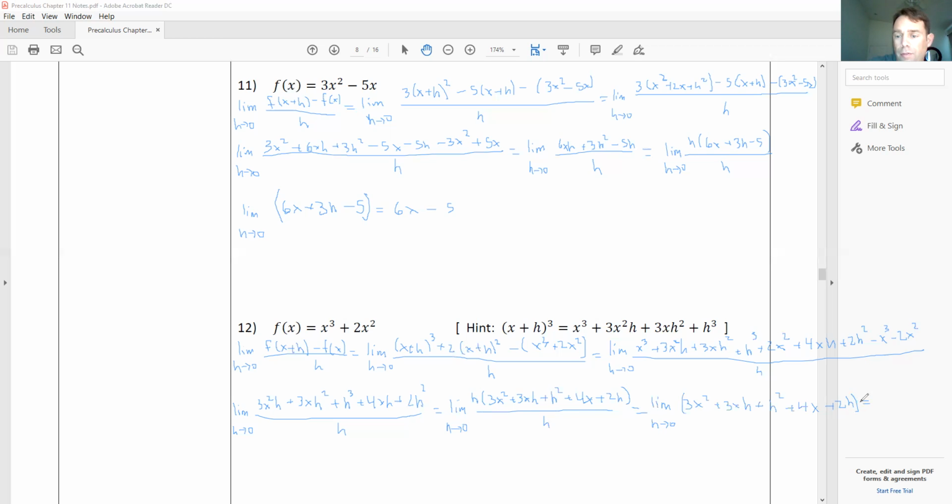We end up with 3x squared plus 4x. And that's the difference quotient. All right, friends, we just did a lot with limits there. A lot of simplifying and a lot of figuring out how to solve it when it ends up being indeterminate. So we'll talk more about this in class, and have yourselves a wonderful evening.